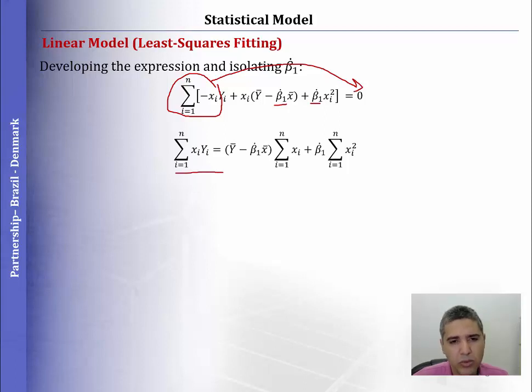So we have here xi multiplied by yi, and the sum from i equal to 1 to n, and then we can put it in this side of the sum, because it doesn't depend on the value of i, and then we have xi, the sum from 1 to n of xi, plus beta 1, the sum from 1 to n of xi squared.